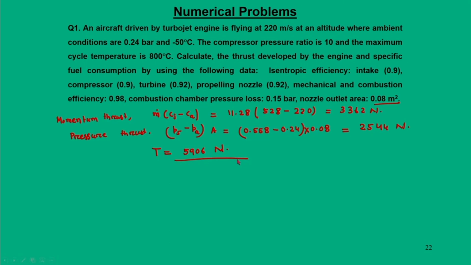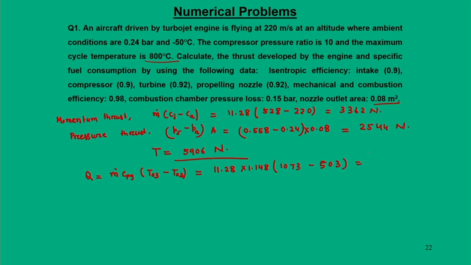So we get then heat supplied, Q is m dot Cpg into T03 minus T02. Previously we have calculated m dot as 11.28, Cpg is 1.148, that is for gas, combustible gases. T03 is already calculated, that is the turbine maximum temperature, 1073 Kelvin, minus T02, the compressor outlet temperature, 503.